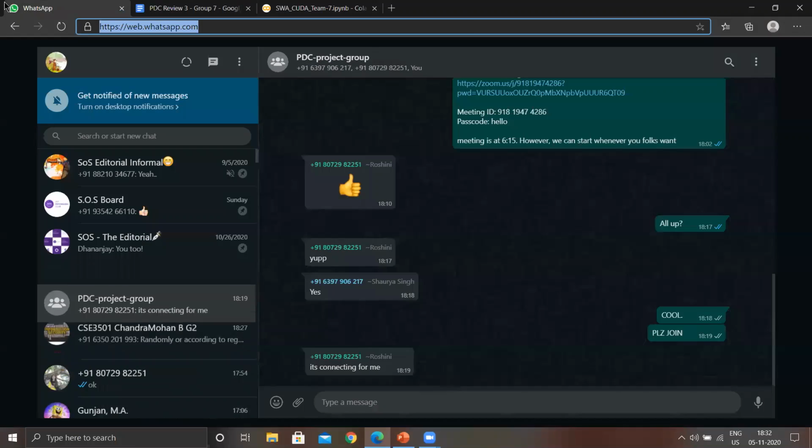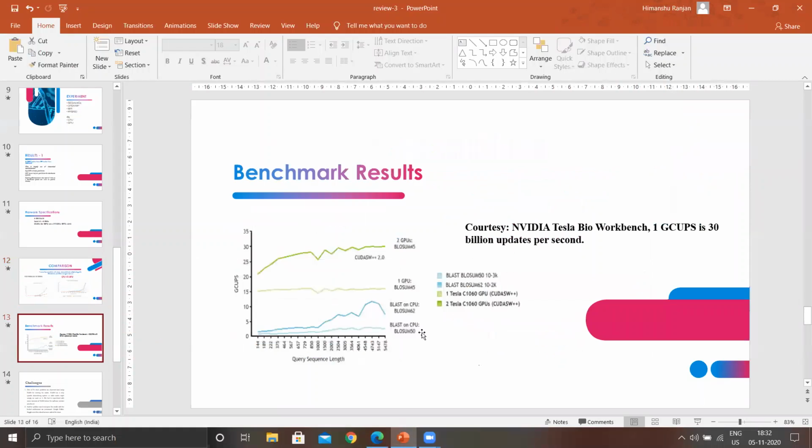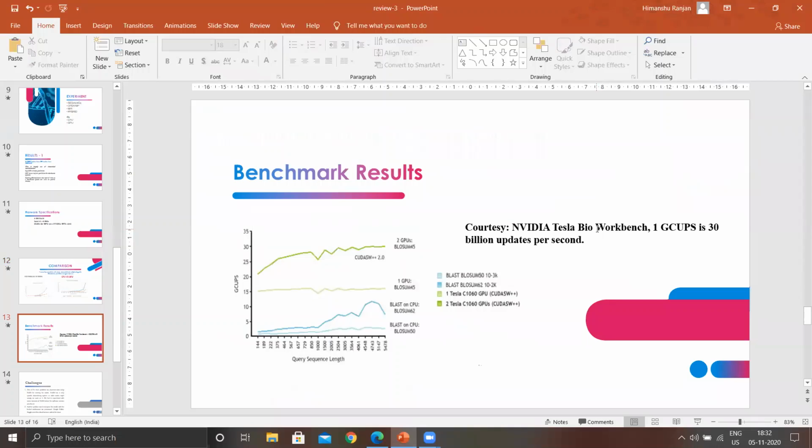The results we obtained show that the GPU implementation is way faster than the CPU implementation as we increase the sequence length. This is further reinforced by the benchmarked results from the NVIDIA Tesla Bio Workbench, which is a great platform for data and tools for biocomputing workspaces.